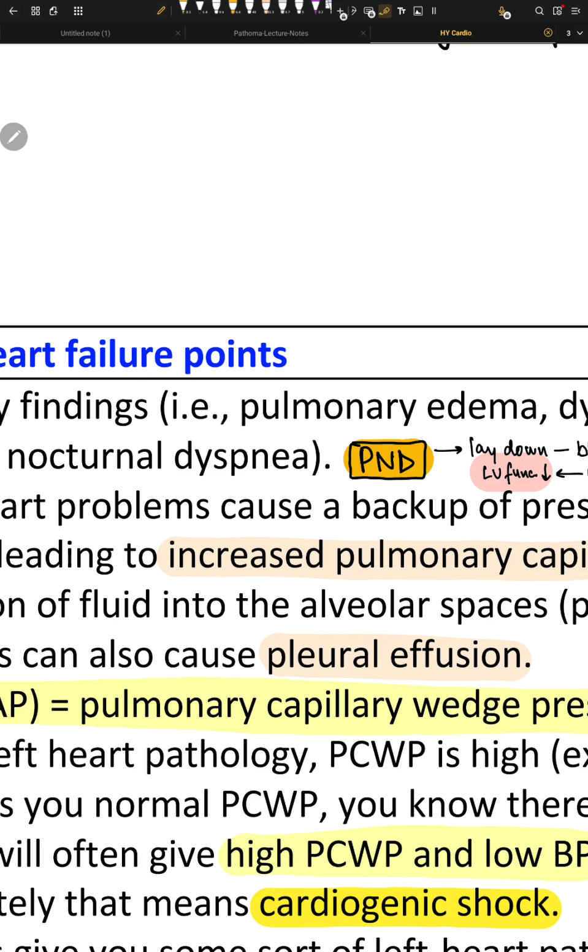Now we have four types of Starling forces. Starling, cool name, by the way, I love this name. We have something called capillary hydrostatic pressure, which I call P small c. This is the blood pressure inside the capillary, and it pushes fluid out.